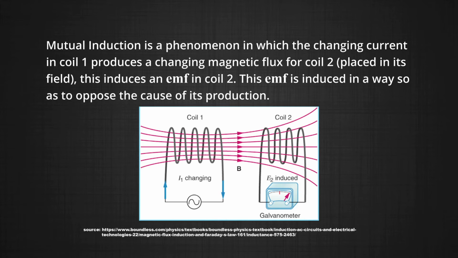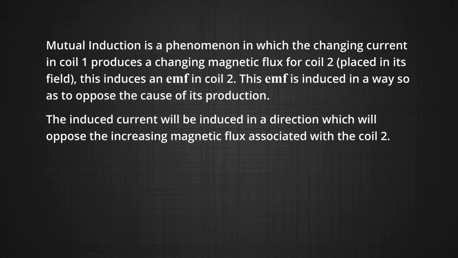This induces an EMF in coil 2. This EMF is induced in a way so as to oppose the cause of its production. The induced current will be induced in a direction which will oppose the increasing magnetic flux associated with coil 2.